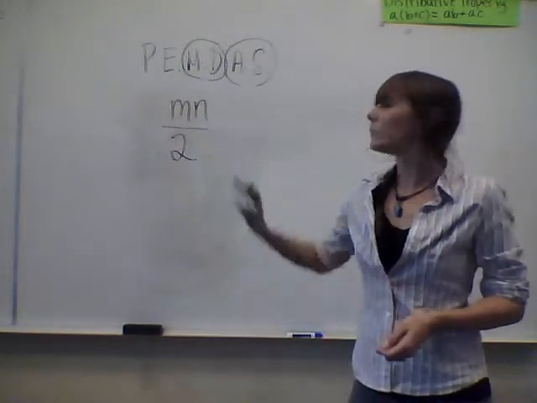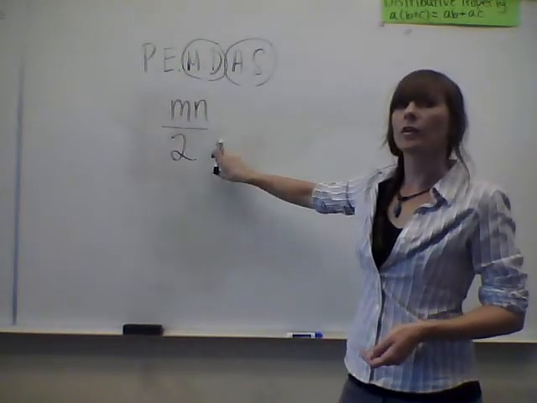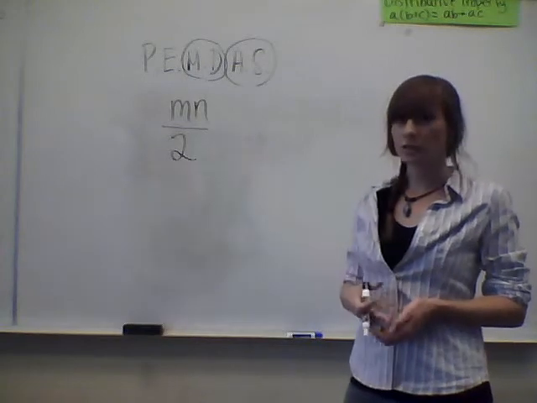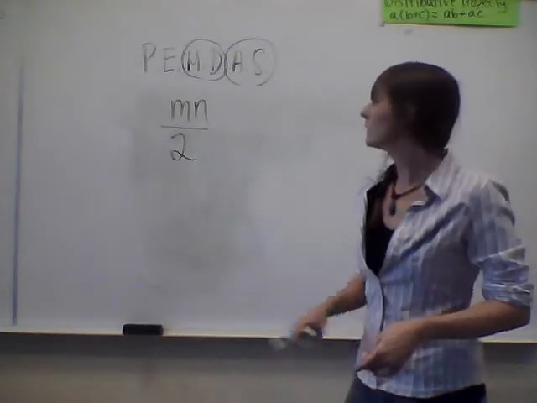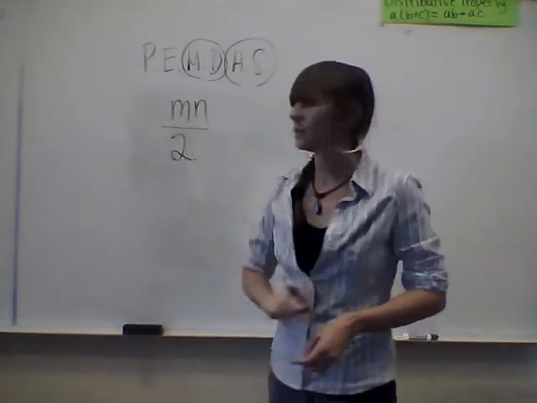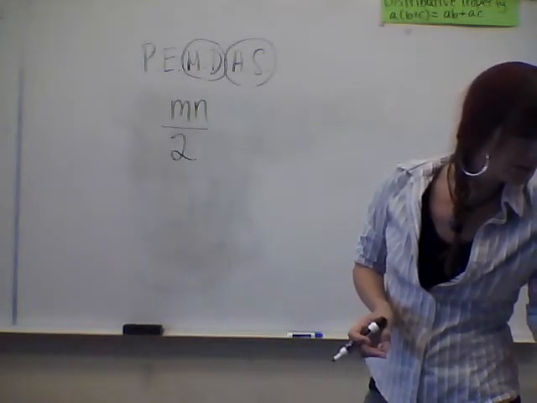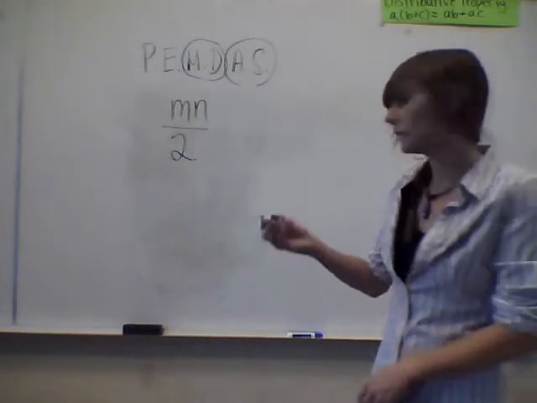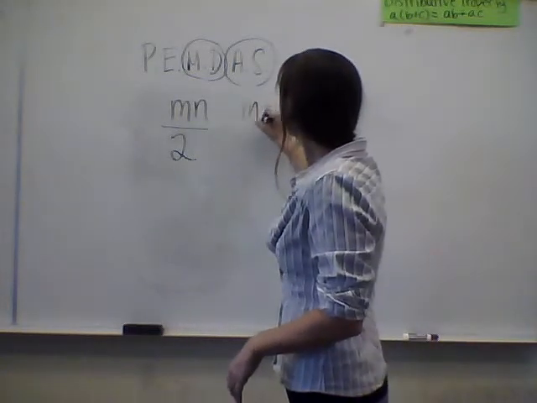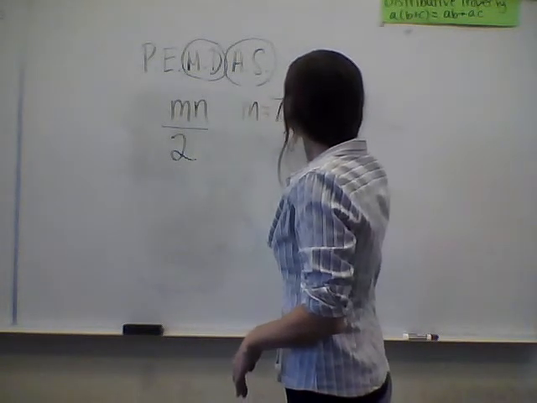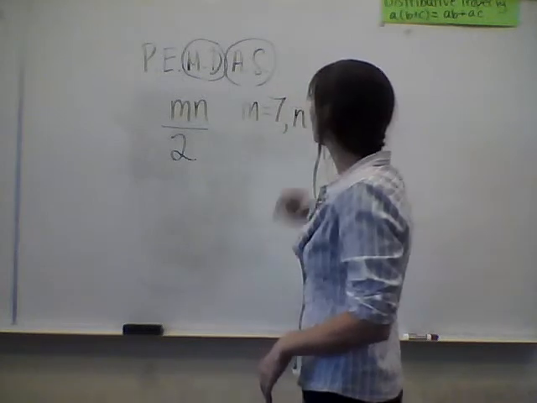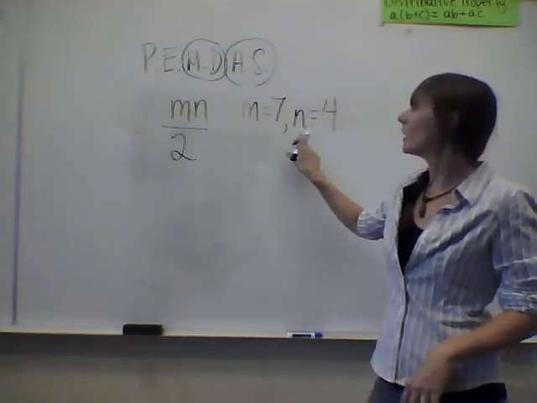Okay, because if the numerator on top is larger than the denominator, it's an improper fraction, and you have to divide. So m times n divided by 2 when m equals 7 and n equals 4. M equals 7, n equals 4.